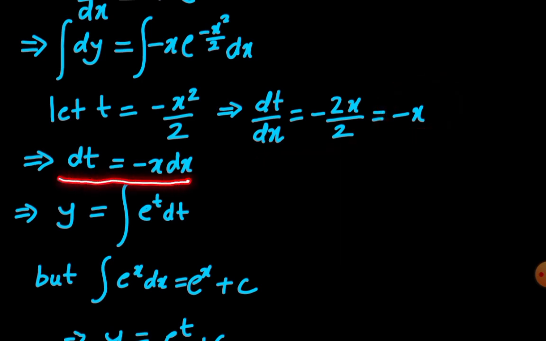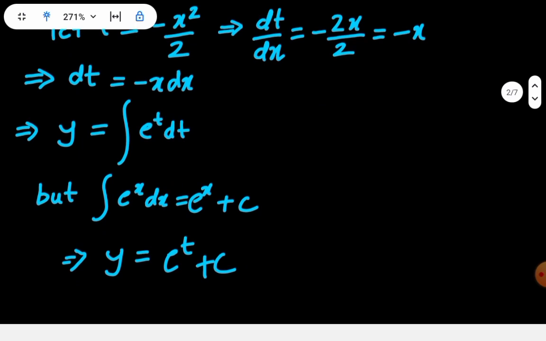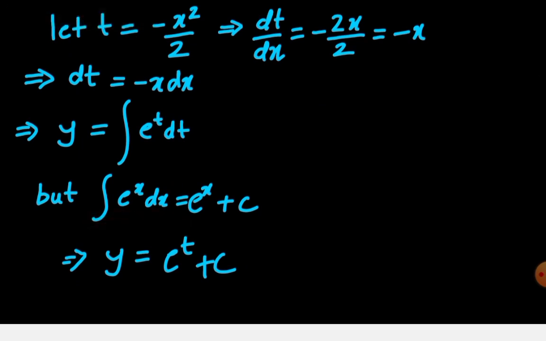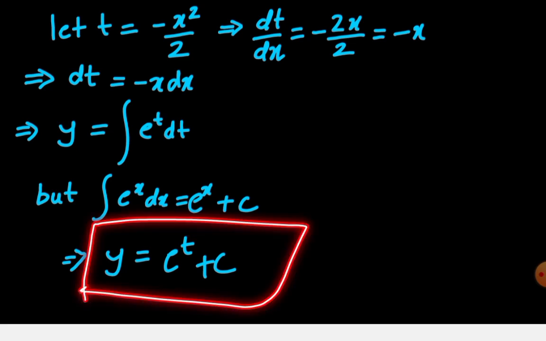We already had minus x dx, so it's more straightforward, in fact, as compared to the previous question. So we just get e to the power t dt, and hence since we know the integral of e to the power x dx is e to the power x plus c, our final solution is y equals e to the power t plus c.